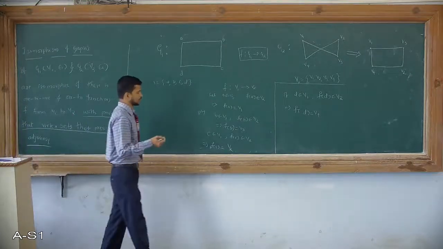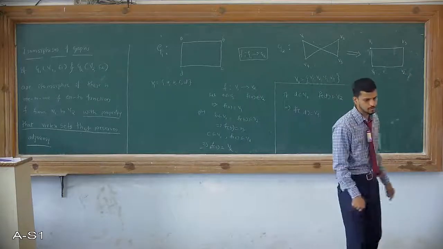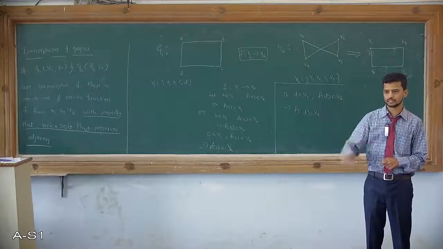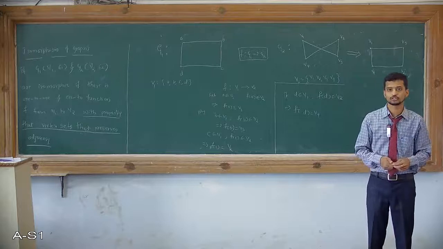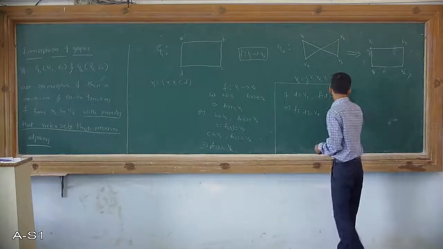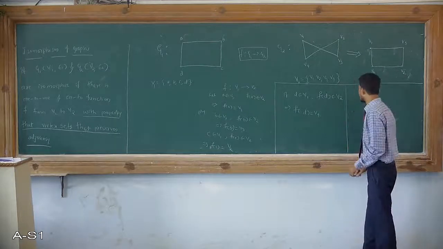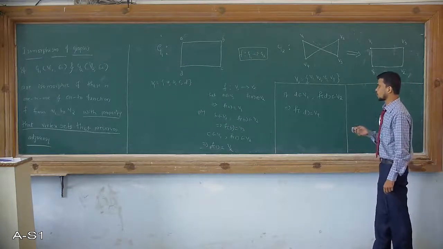If A is in V1, f of A is in V2. If B is in V1, f of B is in V2, then if AB is adjacent, f of A and f of B is also adjacent. So now I will observe that property, the adjacency property. I will only explain one point, so the rest remains for all the vertices.